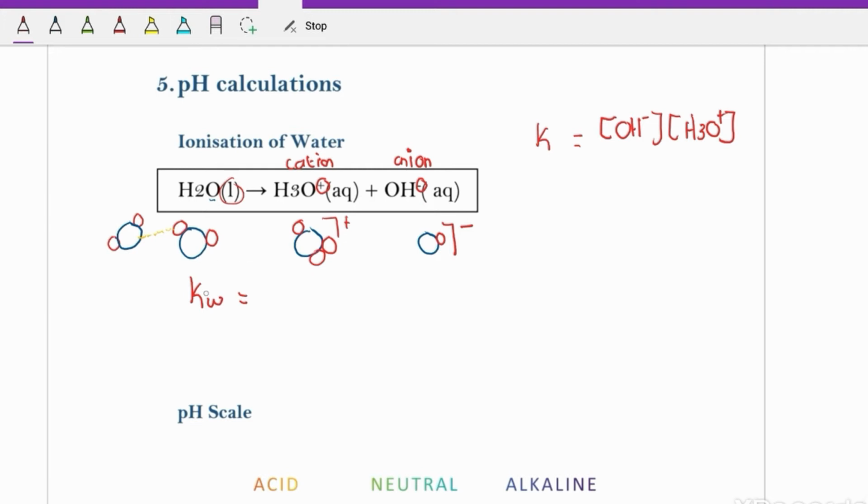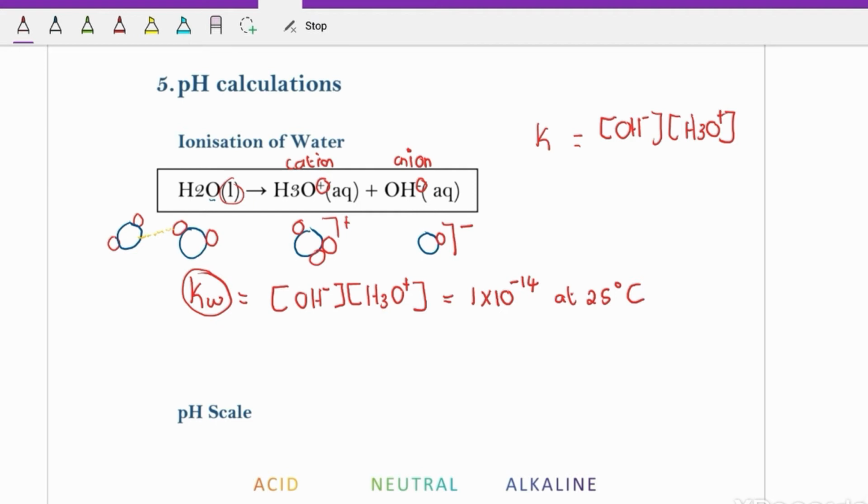So the ionization constant of water is equal to the concentration of hydroxide ions times the concentration of your hydronium ions. Okay, and there is a value for this. It's a constant value, and that value is 1 times 10 to the power of negative 14 at room temperature. So that is the constant of the ionization of water.